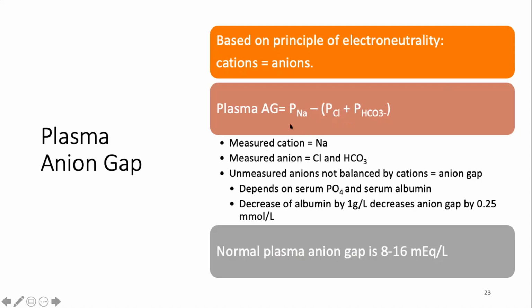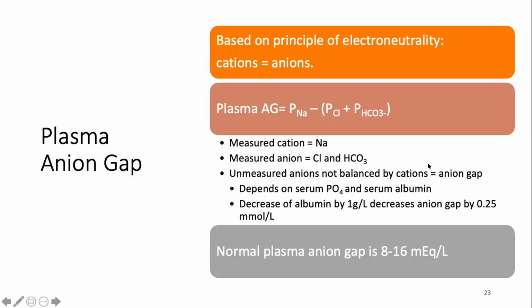We call these electrolytes here measured electrolytes. We have measured cations and measured anions as well. This anion gap really refers to the unmeasured anions that are not balanced by cations. The anion gap can also be altered by albumin and also serum phosphate.